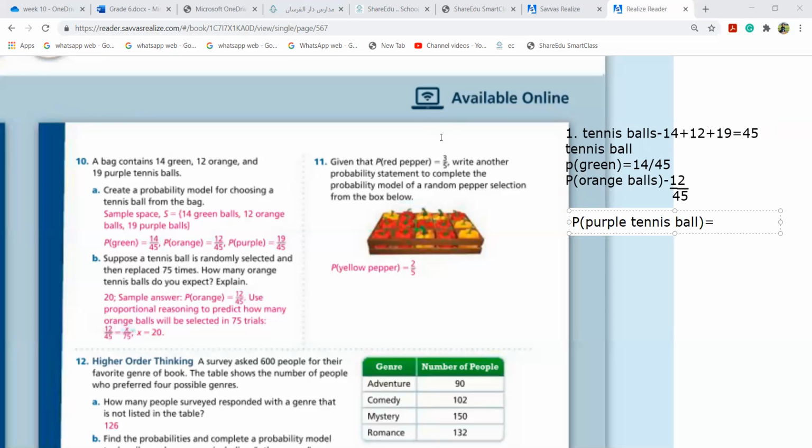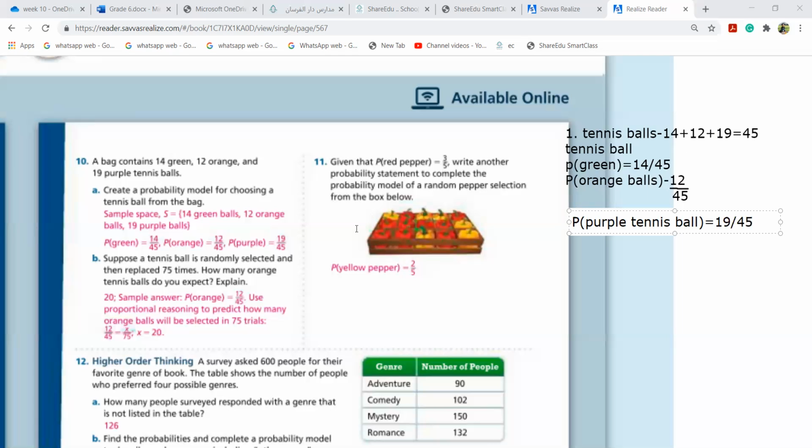Nobody here except Zishan and Noor. Hey, Zishan, tell me about the purple tennis ball also. 19 over 45. Excellent, Zishan. So if such kinds of questions come, will you be able to do it?